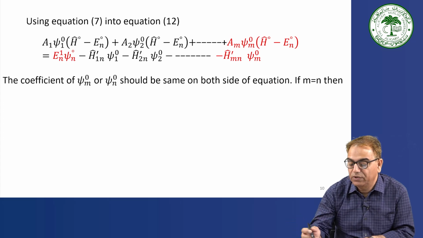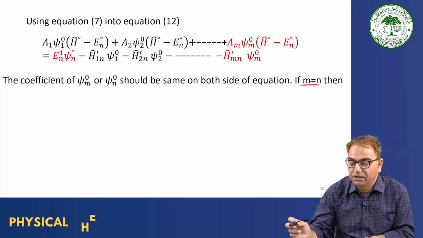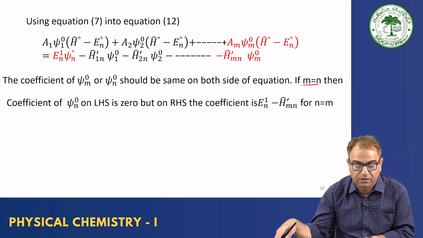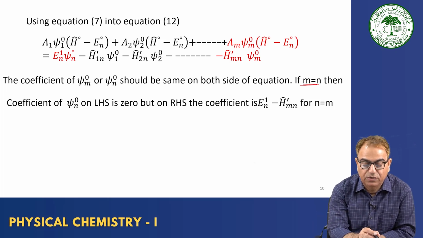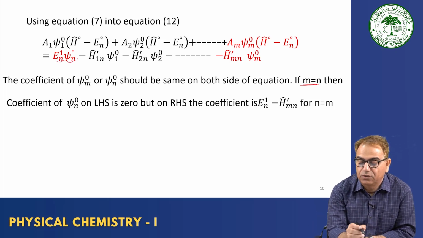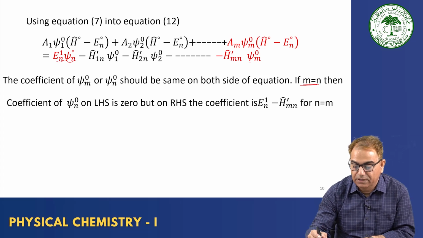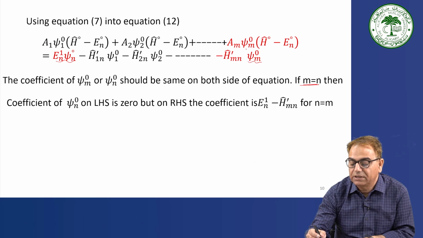So if m is equal to n, just remember, what do you get? You get coefficients of psi n naught. Psi n naught you get here, psi n naught you get here, and this is also psi n naught because m is equal to n. And you have coefficients of psi m naught here also.